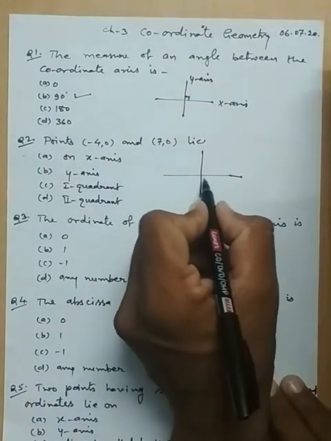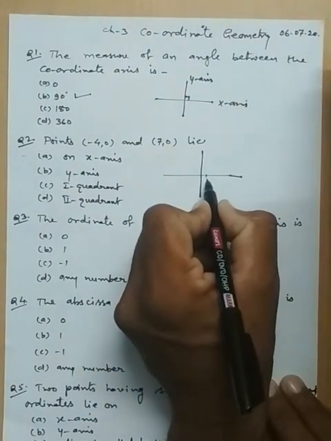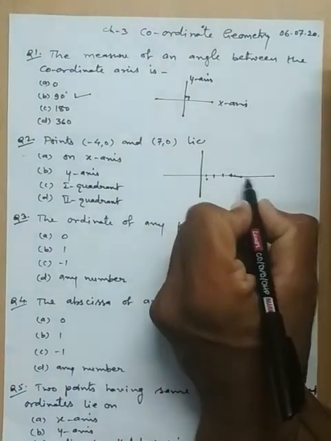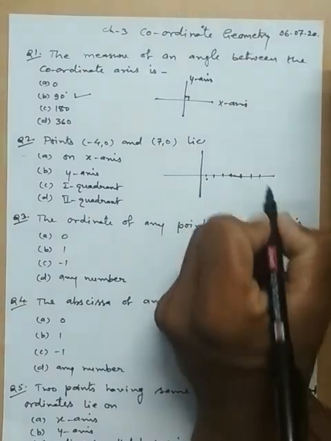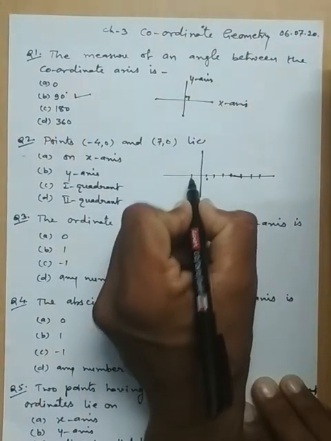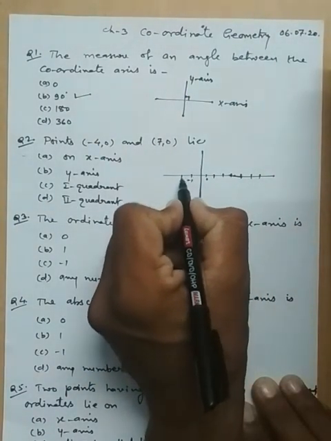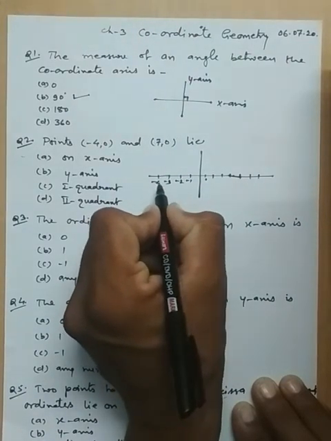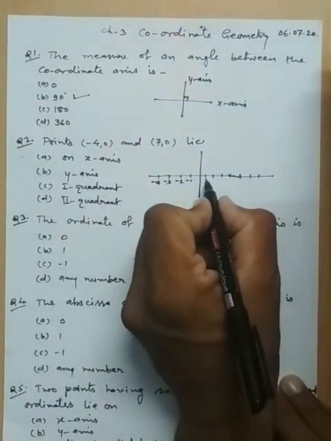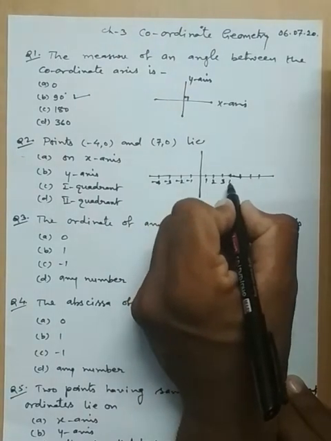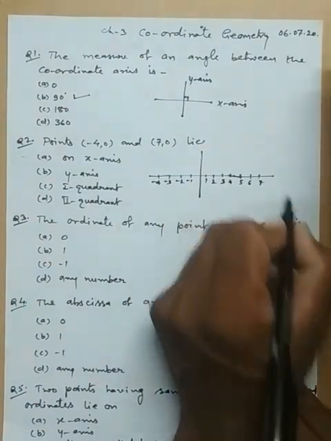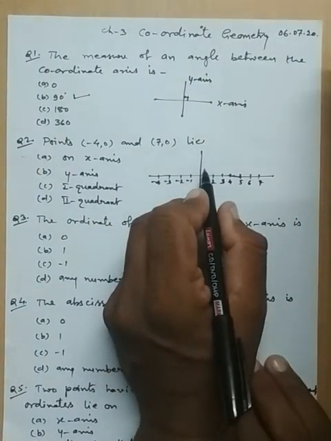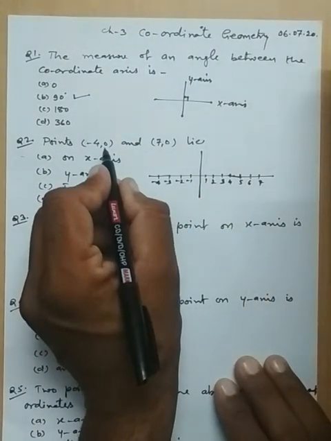On the x-axis, we mark points 1, 2, 3, 4, 5, 6 and 7 on the positive side, and -1, -2, -3 and -4 on this side. There is no need for the y-axis because the y-coordinate is 0.